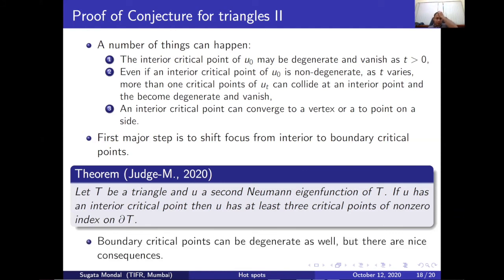Now this is good in the sense that we now have more critical points and they're on the boundary, so maybe they're helpful. But if you look at the first two conditions that I mentioned, the possibilities that can happen, you realize that the boundary critical points can also be degenerate. They can become degenerate if they're not degenerate at the beginning, and then they can try to go away.